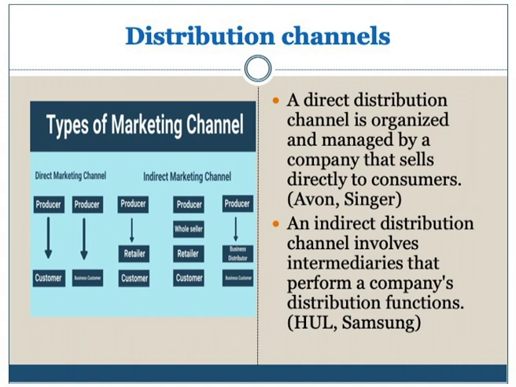Direct marketing channel: here the producer sells directly to the consumer, or the producer sells directly to the business customer. In case of indirect marketing channel, there are three options shown here. The producer sells to the retailer, who in turn sells to the consumer. The producer sells to the wholesaler, who sells to the retailer, from whom the end consumers buy the products.